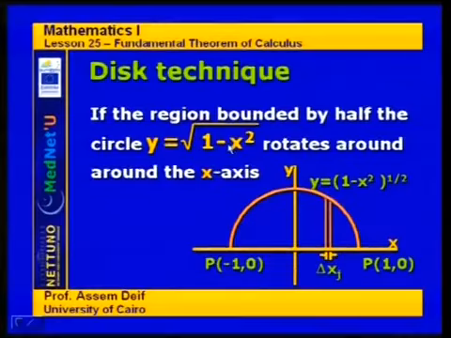So in fact, the disk technique runs as follows. You have a function f of x, and you wish to rotate the curve of this function, for example in this case y is equal to the square root of 1 minus x squared, about the x-axis. As I said, you have a lamina here, and when it rotates about the x-axis, it draws a cylinder.